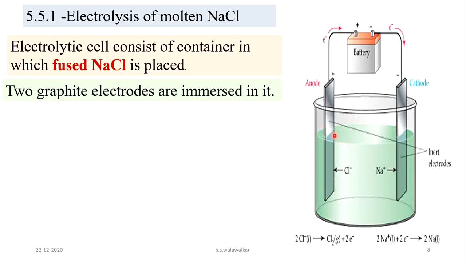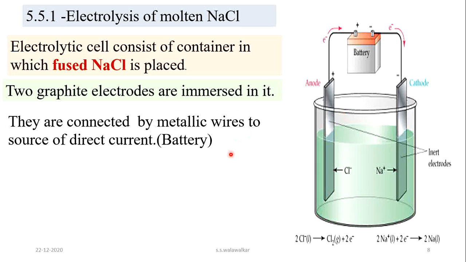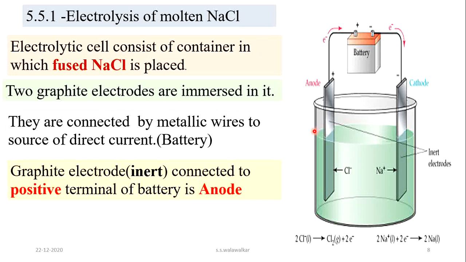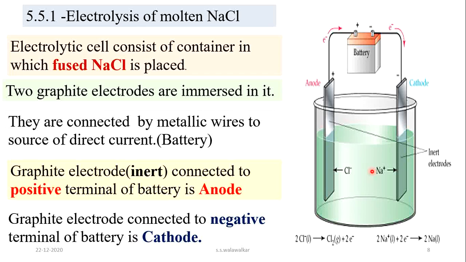These two graphite rods are dipped in it, and they are connected by metallic wire to the source of direct current, that is a battery. One graphite electrode is connected to the positive terminal of the battery, that is called the anode, and the other graphite electrode is connected to the negative terminal of the battery, and that is called the cathode.